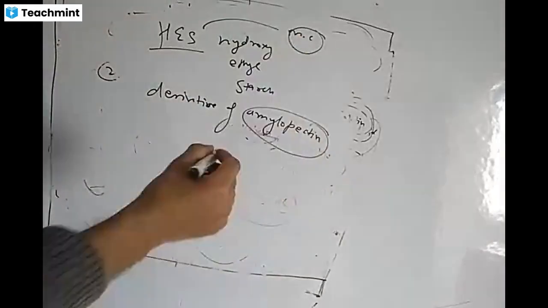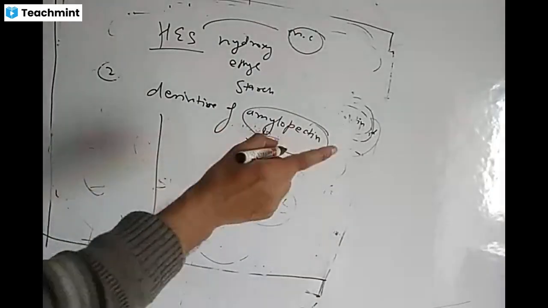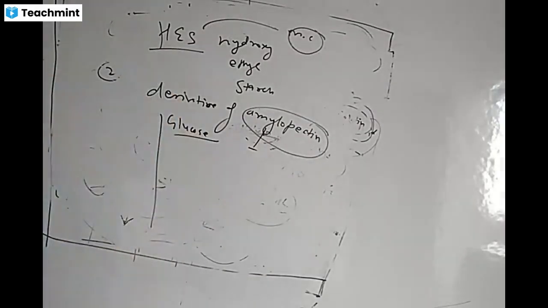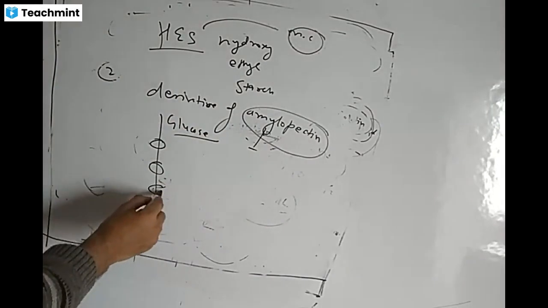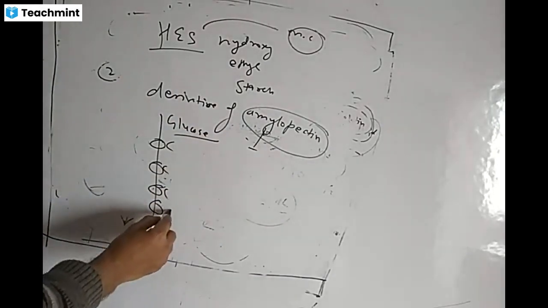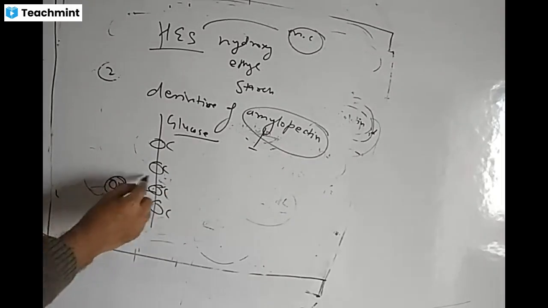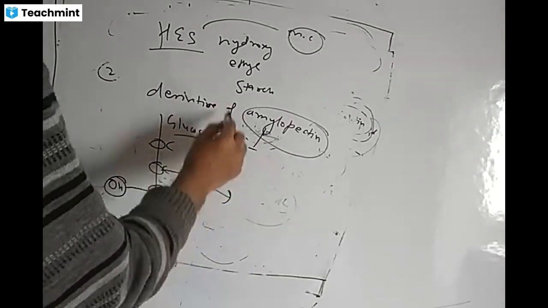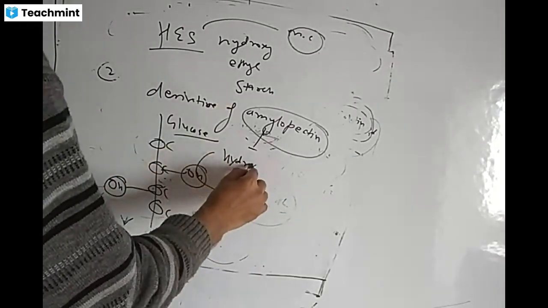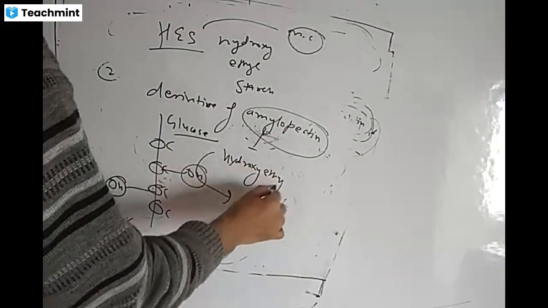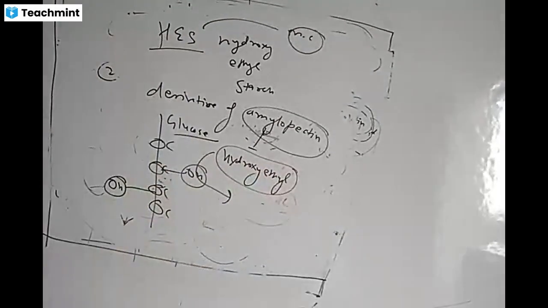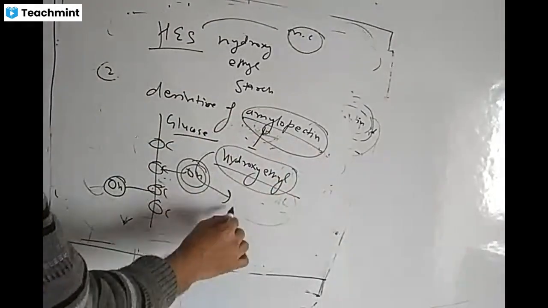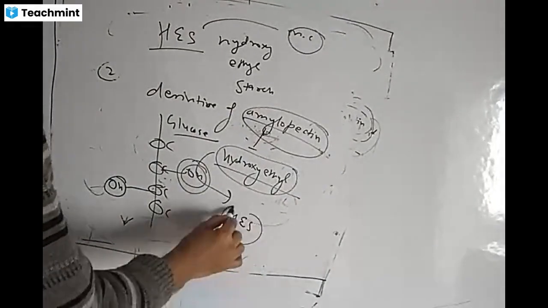And this amylopectin is nothing but a branch chain of glucose. So in this glucose molecule, there are carbon atoms, and carbon atoms contain multiple OH groups. These OH groups are replaced by hydroxyethyl. So the starch molecule, amylopectin, in which OH groups are replaced by hydroxyethyl, is called hydroxyethyl starch.